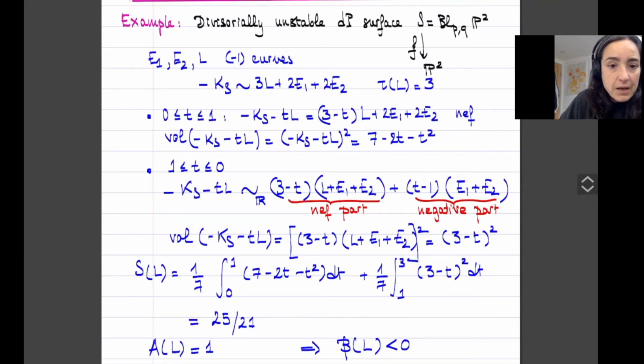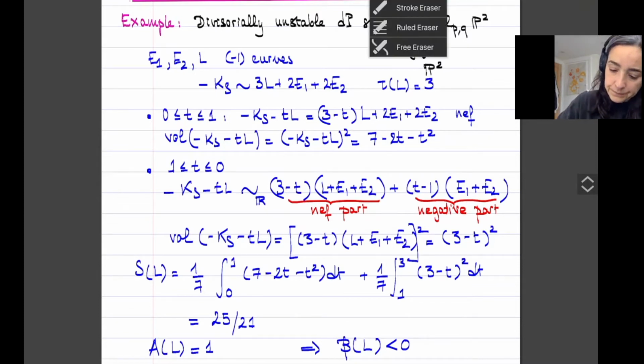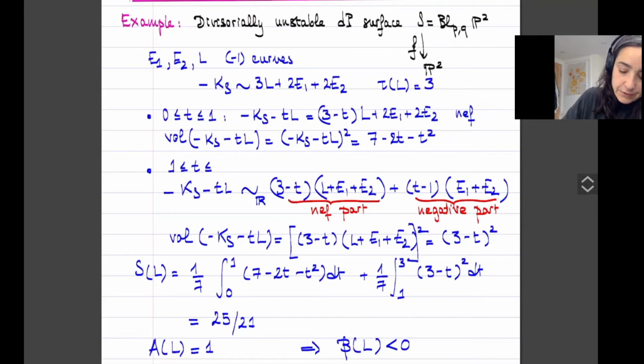It's easy to see as well that for t between 0 and 1, -K_S minus tL is still nef, so that the volume of -K_S minus tL is just the top intersection product. Now, when t is between 1 and 3, -K_S minus tL is no longer nef, but it's not too hard to explicitly determine the Zariski decomposition.